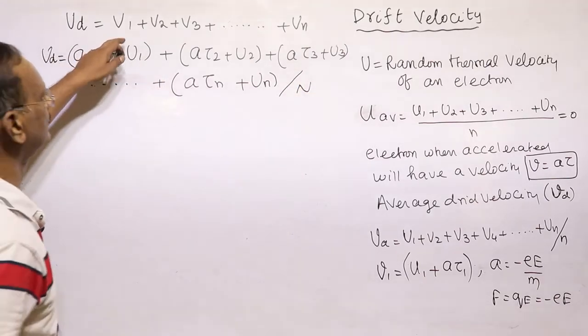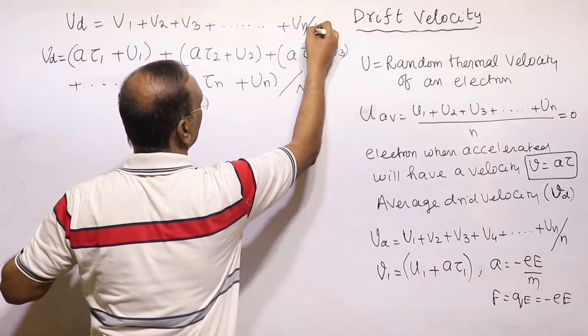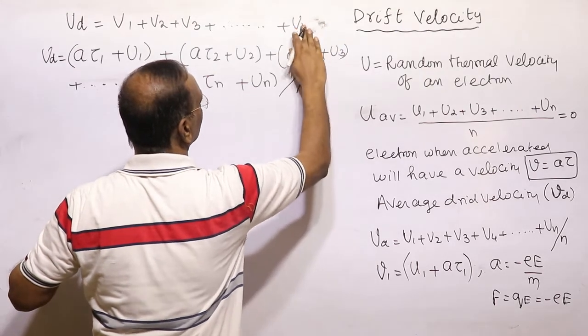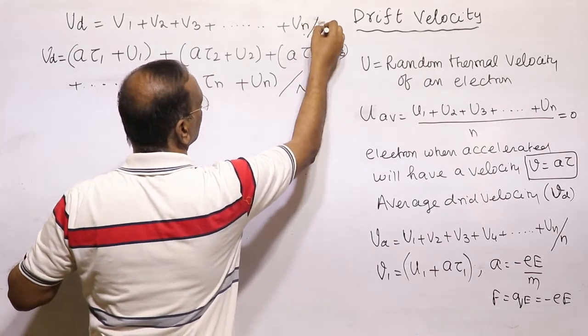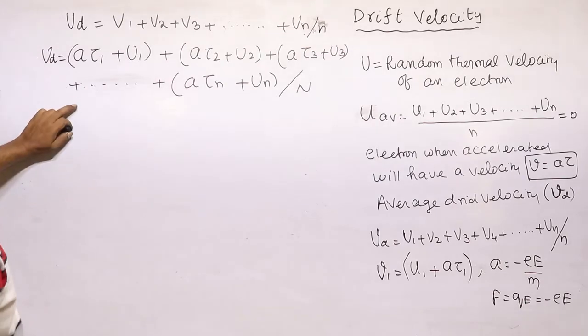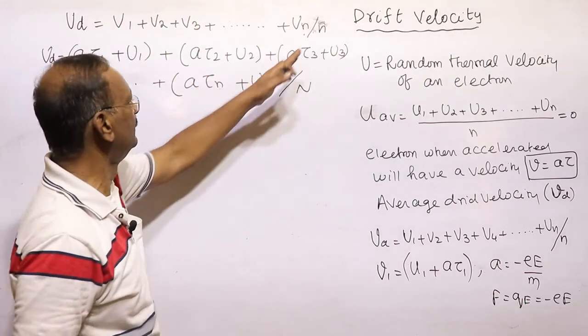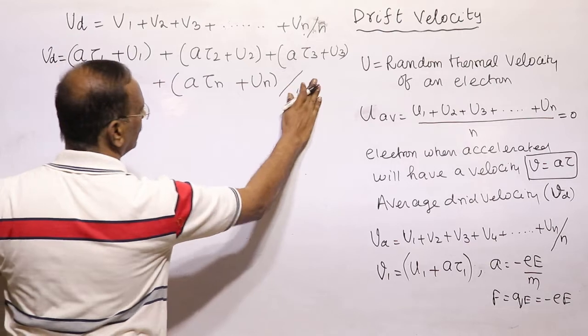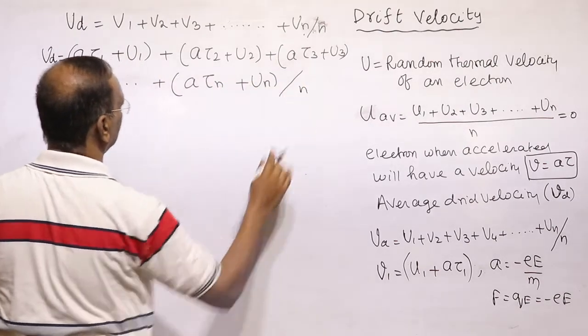So this is V1, V2 and so on, divided by n. Drift velocity is the average velocity of n number of electrons, so this whole thing is divided by n.